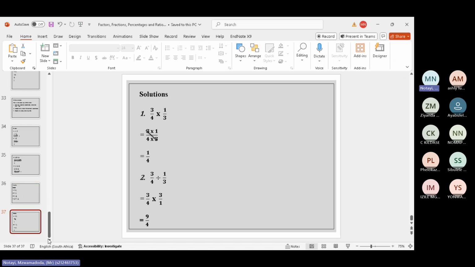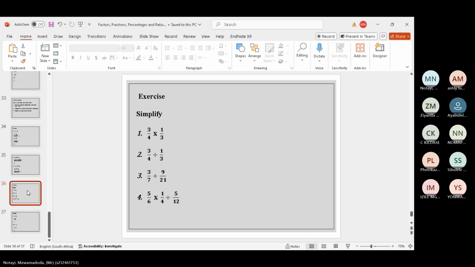I don't have the third and fourth solutions, but I see you guys got them correct. So we have 3 over 7 divided by 9 over 21. You change the second fraction into 21 over 9 and change the division into multiplication.